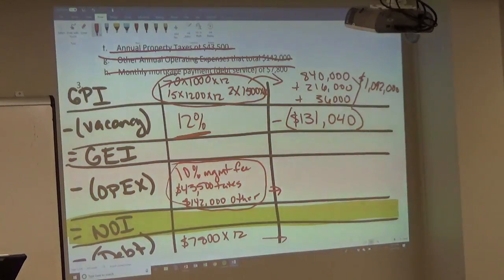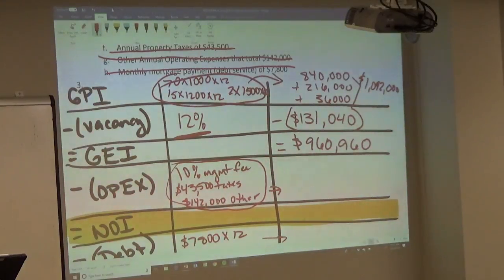And if we do that minus, we get $960,960 for gross effective income, because the gross potential minus the vacancy equals gross effective.